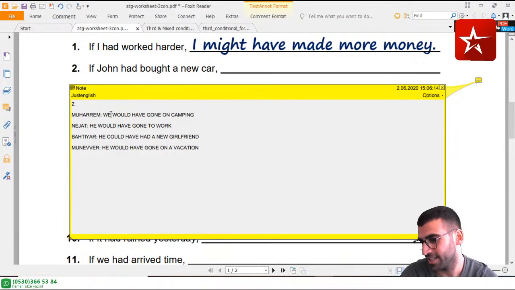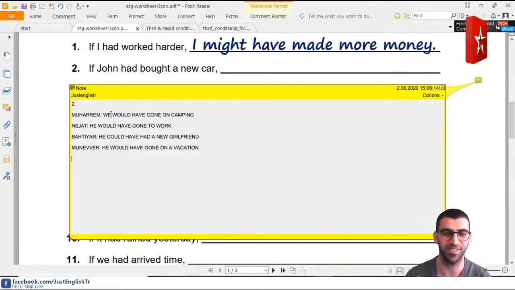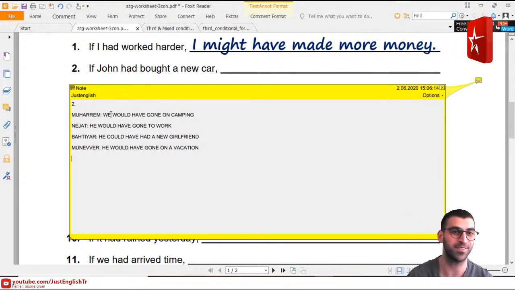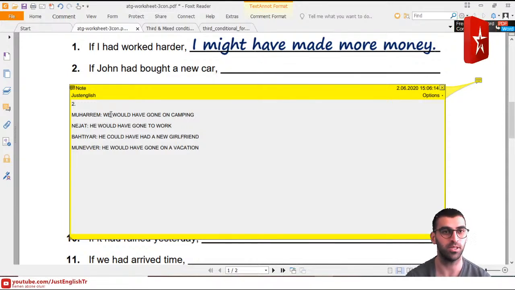All right. Okay, and any other idea? If you have any different idea, you can let me know, and I will write all the ideas on my screen in order to show you the correct version. Okay, so number two, we have already written the answer to number two.